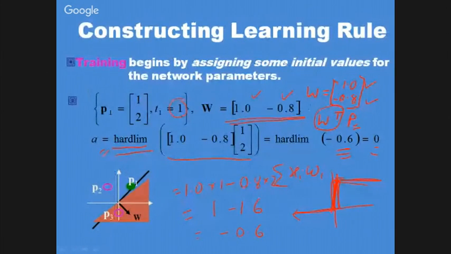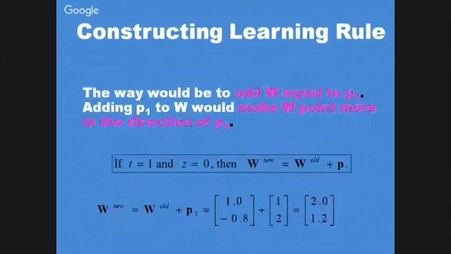So we are getting the new value as [1, -0.8], that was our W old, plus P1. P1 is your X1, that is [1, 2].